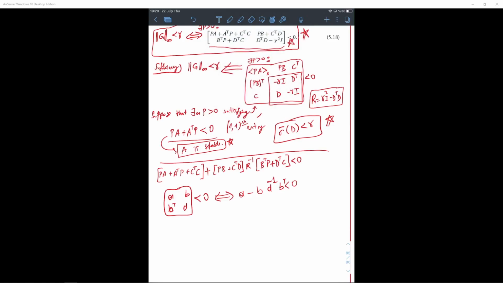Now that I explained this, let me delete this. Okay, so let's focus on here, using R equals gamma square minus D transpose D. But before that, let's take one step at a time.